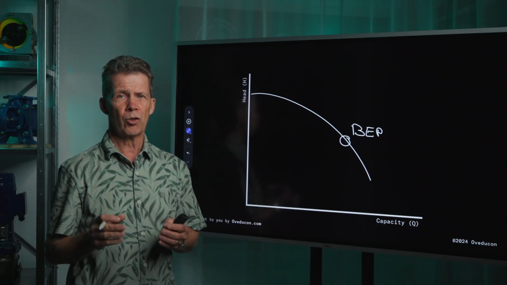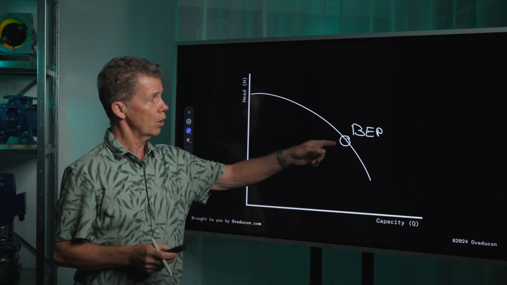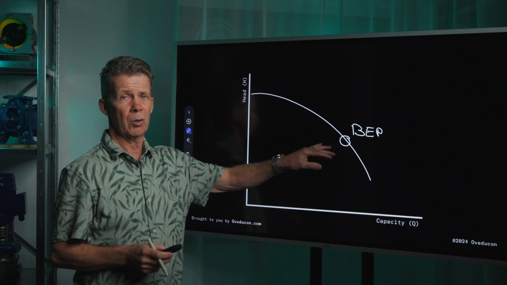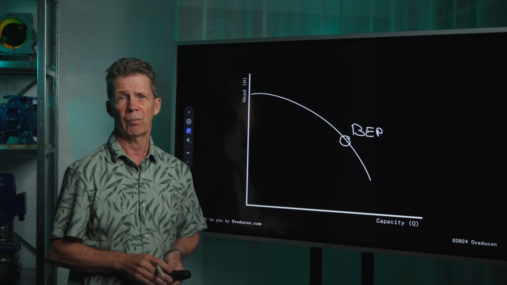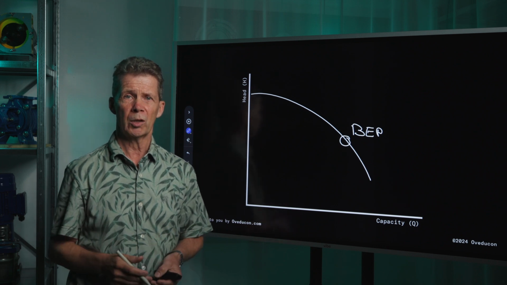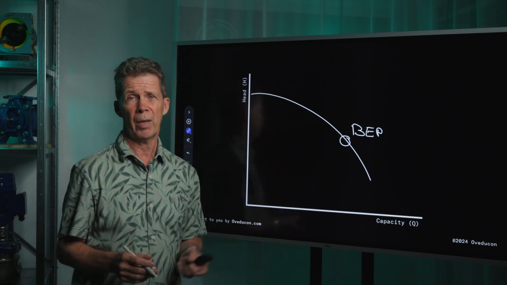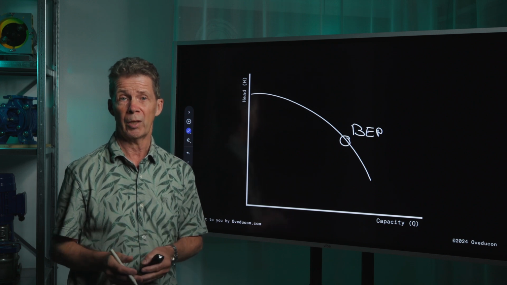You should always try to size and operate your pump as close as possible to the BEP in the pump curve. Because most people will know that if you deviate from BEP, your efficiency will go down.